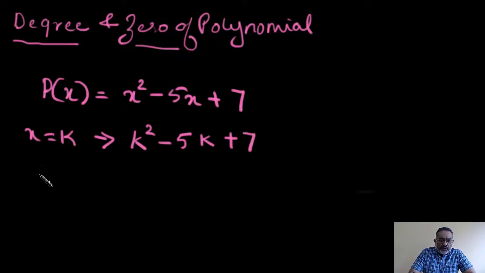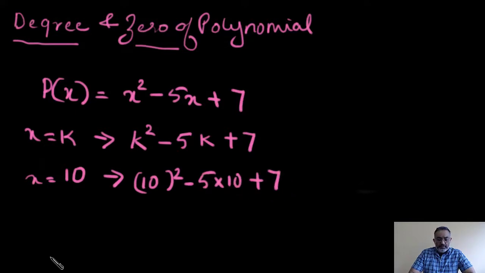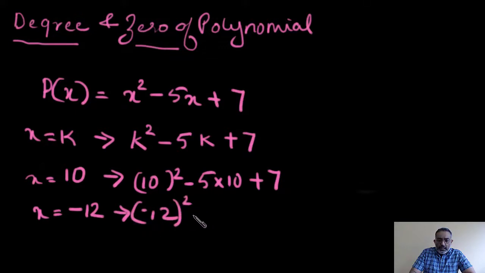If we want to evaluate x equal to 10, then we would do 10 squared minus 5 times 10 plus 7. If we want to do x equal to negative 12, then we simply apply negative 12 squared minus 5 times negative 12 plus 7. This is how the application works for evaluating the polynomial. We simply replace the variable with its value.